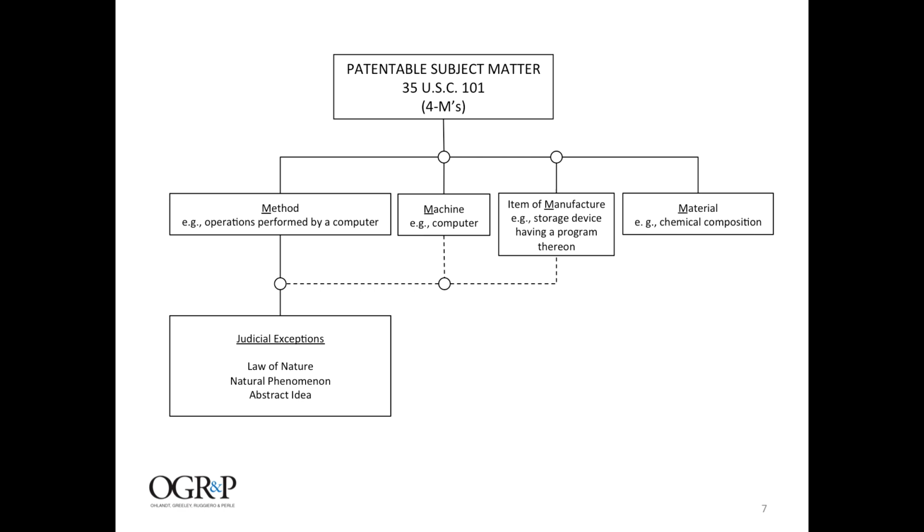So let's say you have a patent claim that starts with the phrase, a method comprising. You would say, hey, it's a method that qualifies as patentable subject matter. Why are we having this conversation any further? Or a machine comprising. We'd say, hey, that qualifies as patentable subject matter under the statute, 35 U.S.C. 101. Similarly, an item of manufacture comprising something, okay?